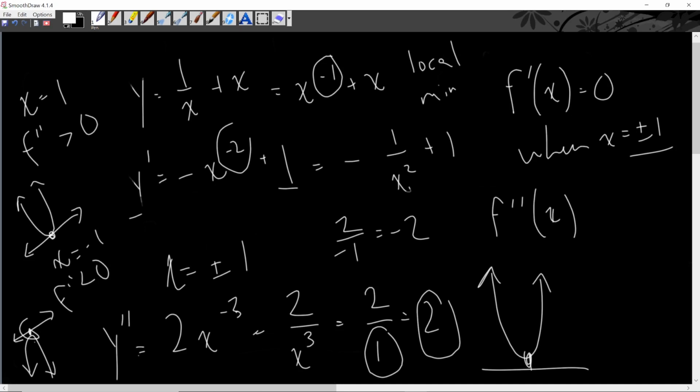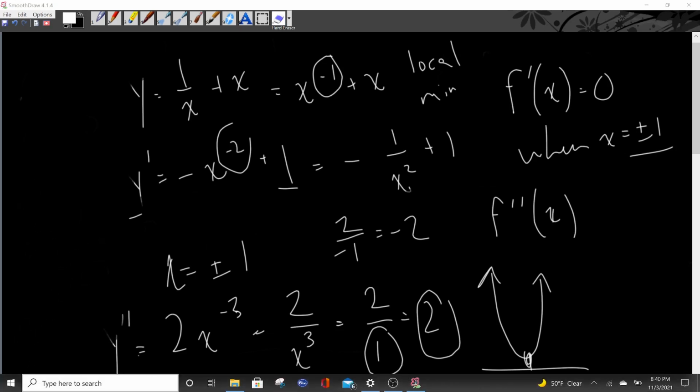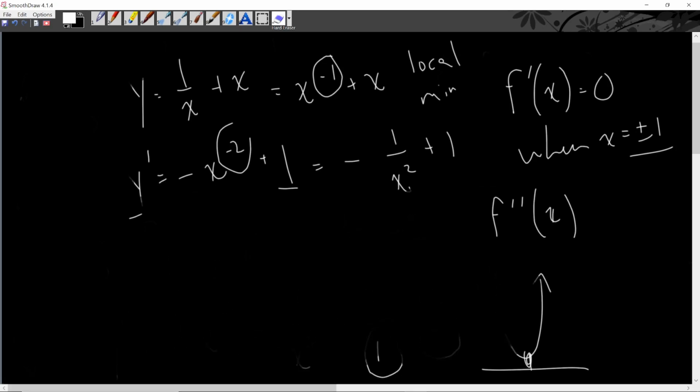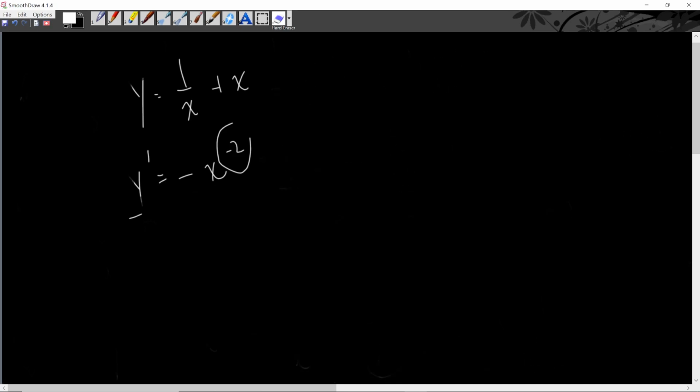Because we know that this is a horizontal tangent, and we know that the graph is concave down at that point. I'm hoping that makes sense, but x equals 1 is where we do have a relative minimum, and we can go on to our next problem. I'm hoping we get more second derivative and first derivative tests, because we do need a little bit of practice in that.